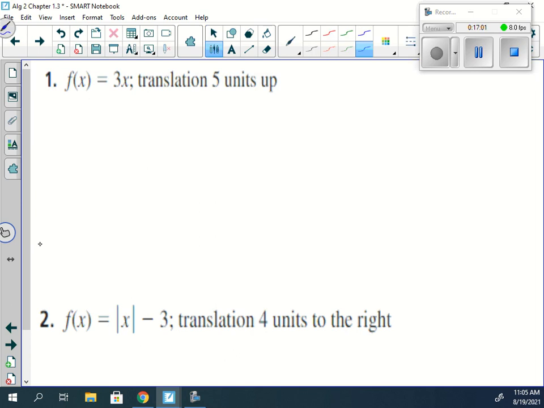These here are actually even easier than the ones we just did, interestingly enough. So the first one here, f of x equals 3x, and we want it to have a translation of 5 units up. Does anybody have a guess at what the function would be? Well, let's see how that works. Because the way we would set it up is f of x plus k.